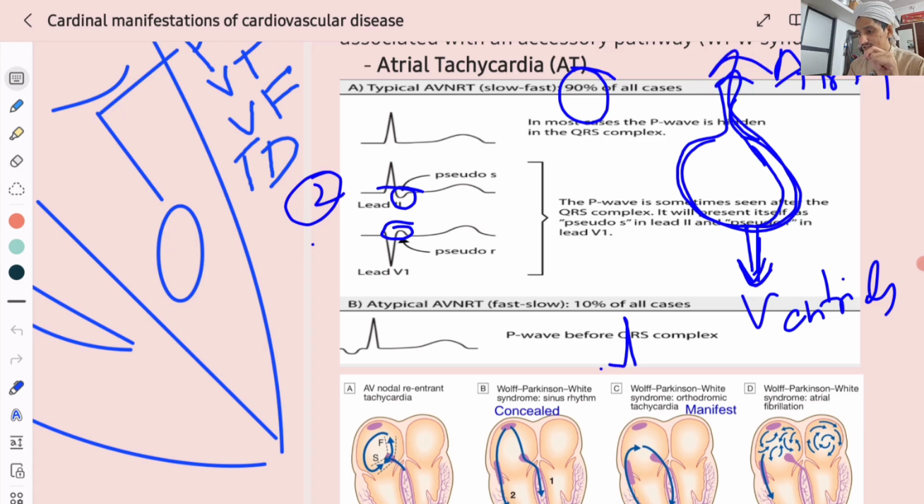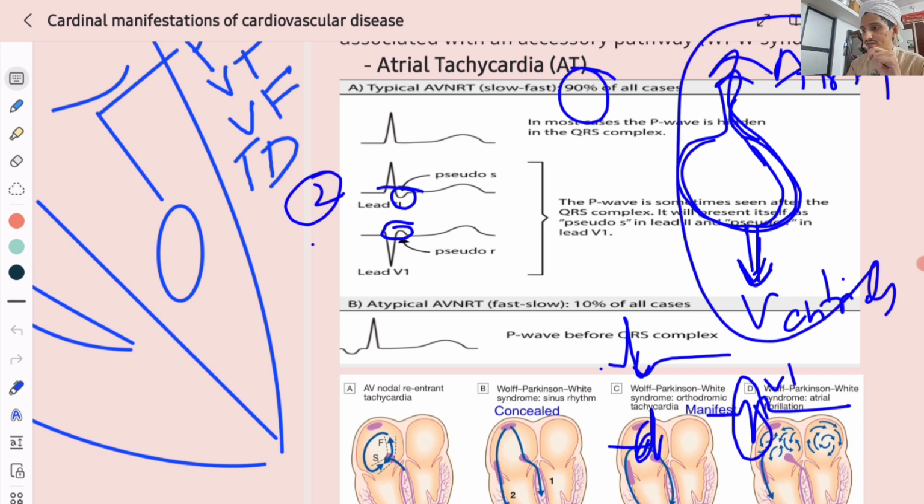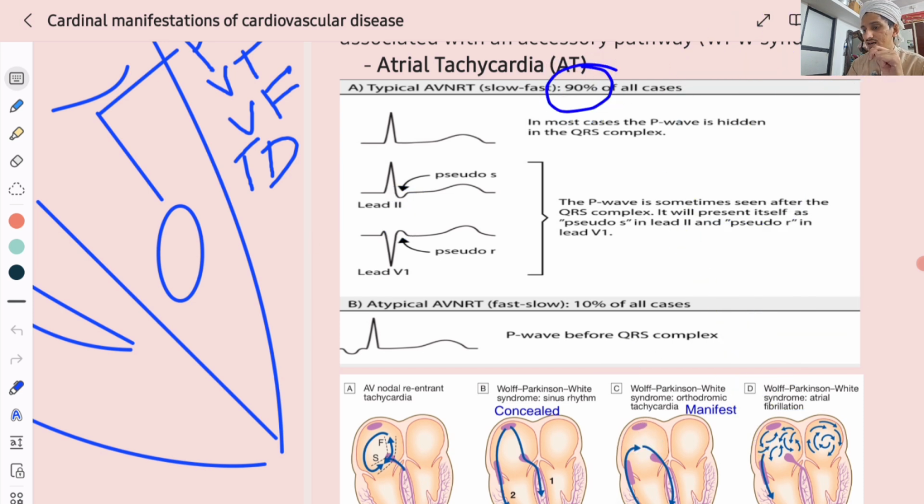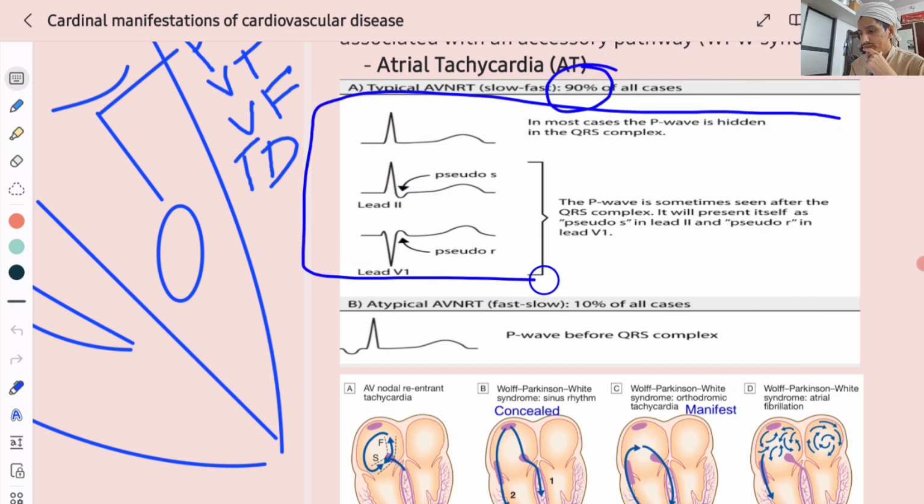That's why you will have this abnormal P wave in lead 2 or the R dash pattern. Okay, pseudo R dash pattern like this. Just after the QRS complex, you get the abnormal P wave in the form of an R dash or a small S wave, because of this mechanism. So in 90% of the cases, AVNRT will have this type of ECG.